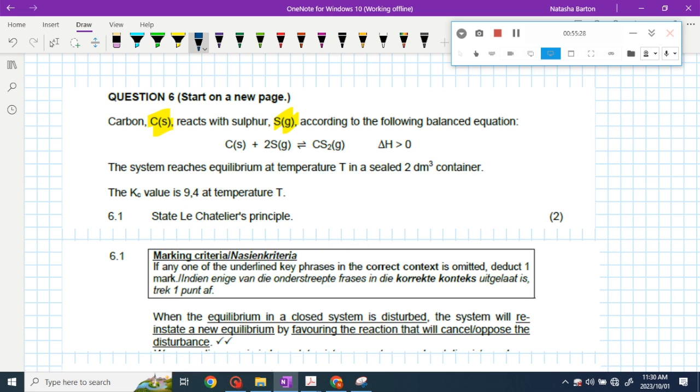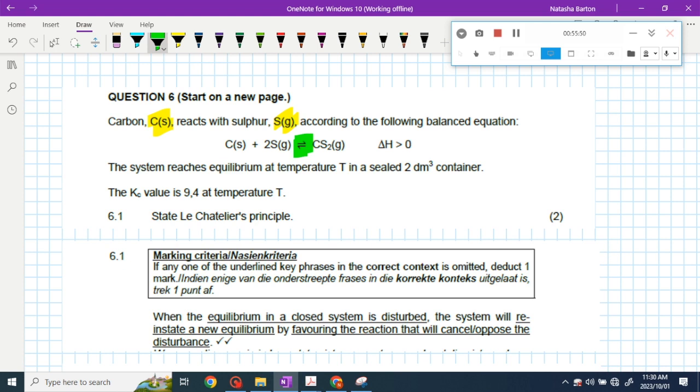Here we have a gas. They gave us an equation. How do I know I'm dealing with chemical equilibrium? We have the 2 arrows. Okay, so there's a forward and there's a reverse reaction. We normally speak about the things on the right-hand side as the products and the things on the left-hand side of the reactants.